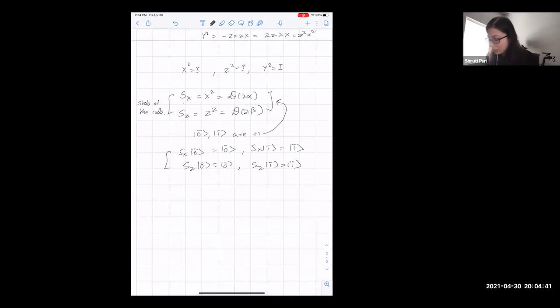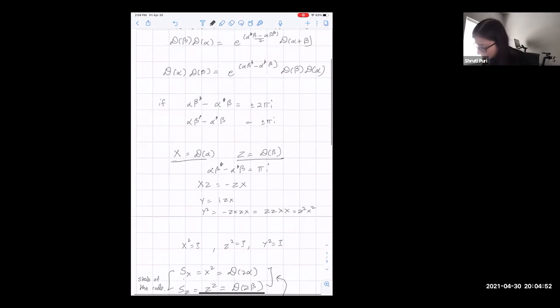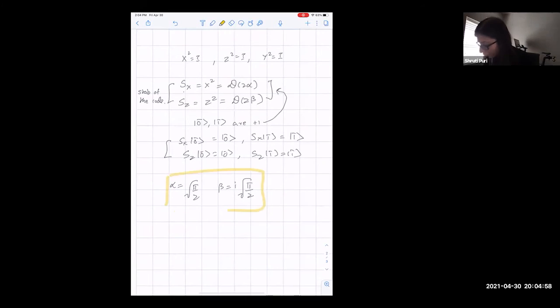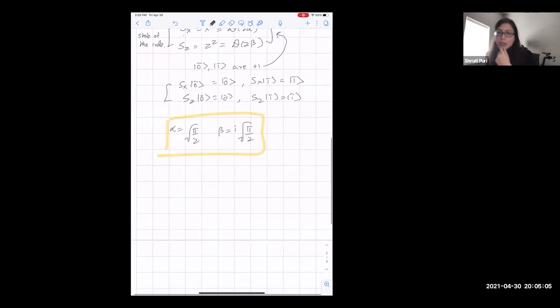GKP code was defined using alpha equal to square root of pi by 2 and beta equal to i square root of pi over 2, such that you can clearly see that this condition on alpha times beta is actually satisfied with this definition of alpha and beta. Okay. So this was the original definition.